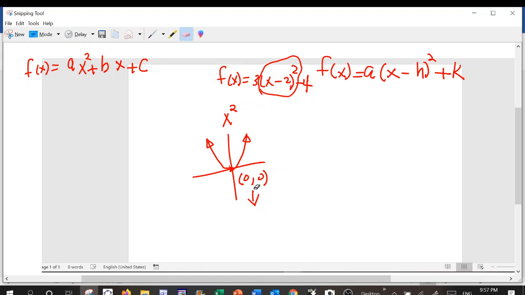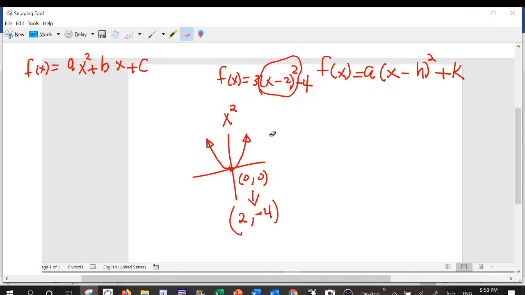If I multiply 0 by 3 and subtract 4, I get negative 4. And then for x, I have to subtract 2 from it. So 0 minus 2 is minus 2. We have to add 2 to it, not subtract, because that's moving to the right 2 units. So adding 2 units, we get 2.